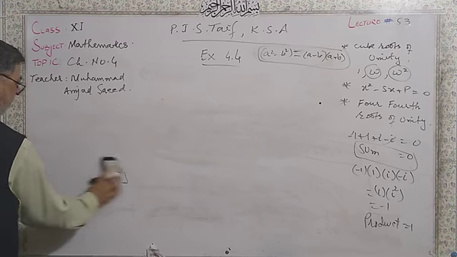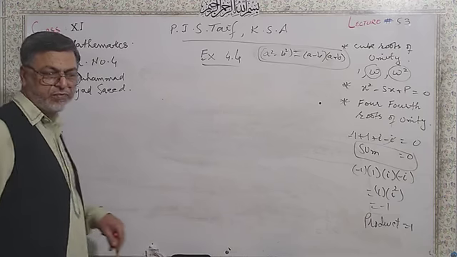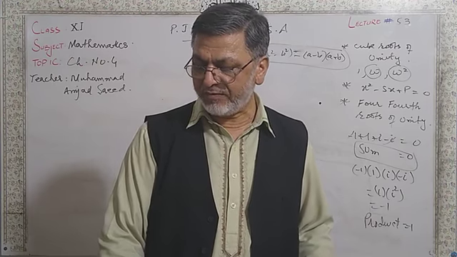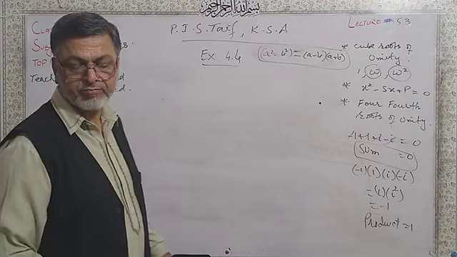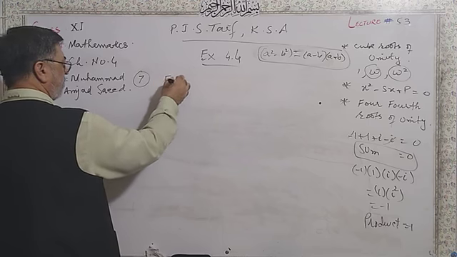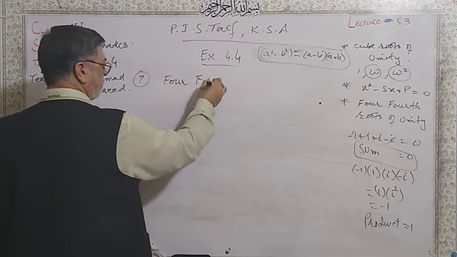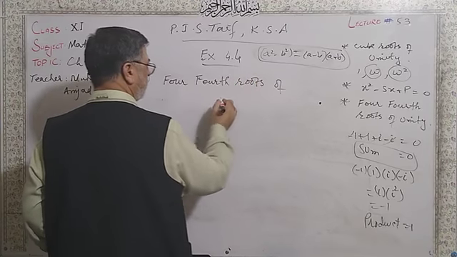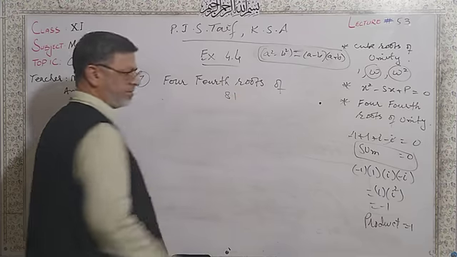We have to find the fourth roots of 16, 81 and 625. Question number 7. The fourth roots of, I am taking 81.